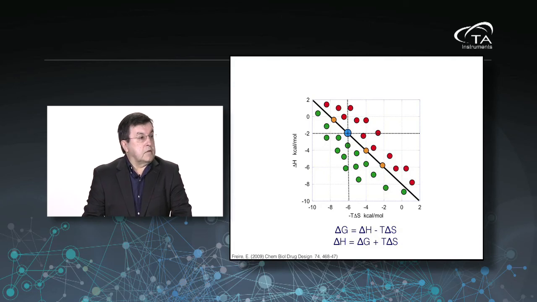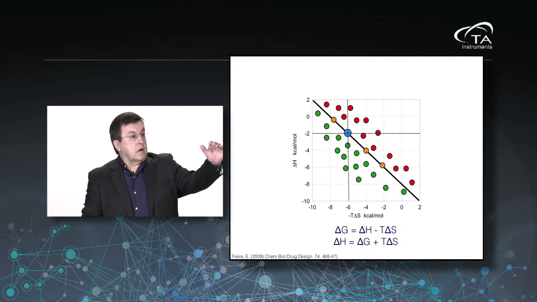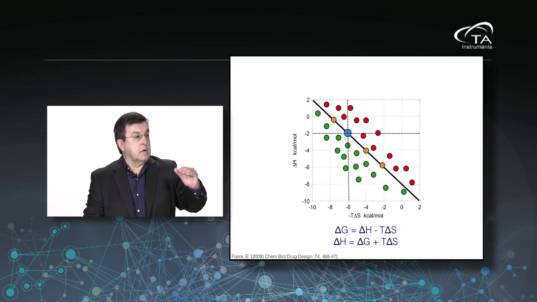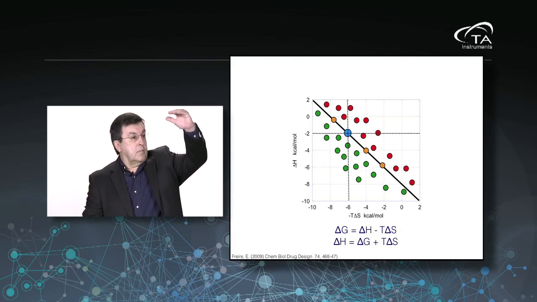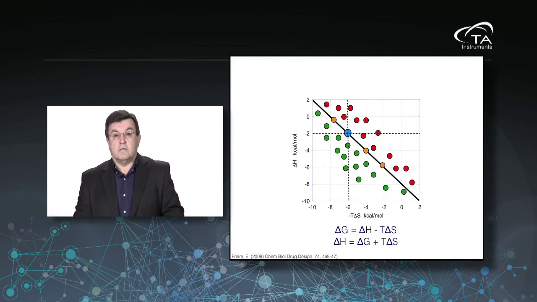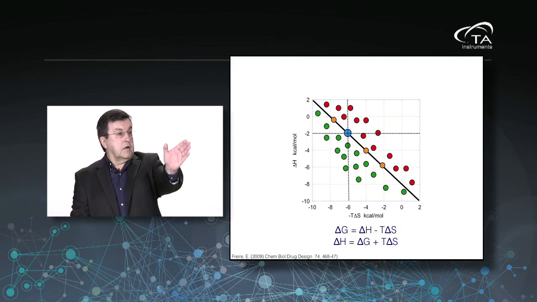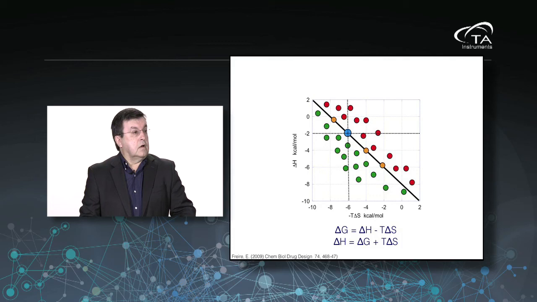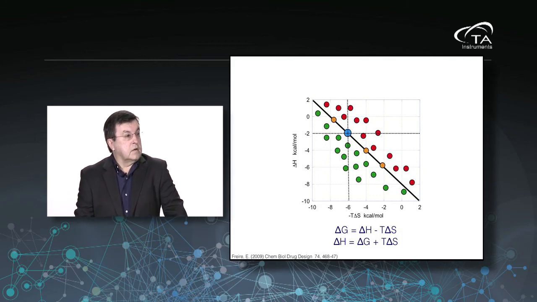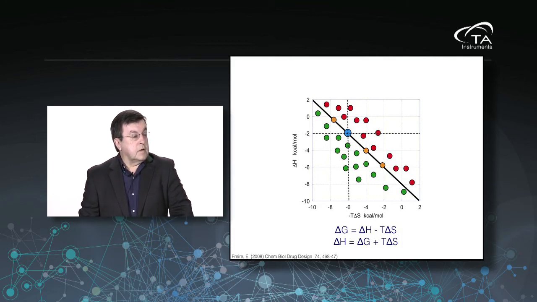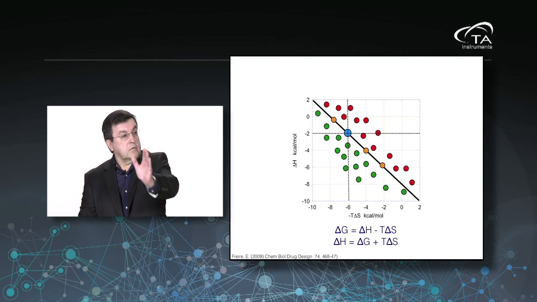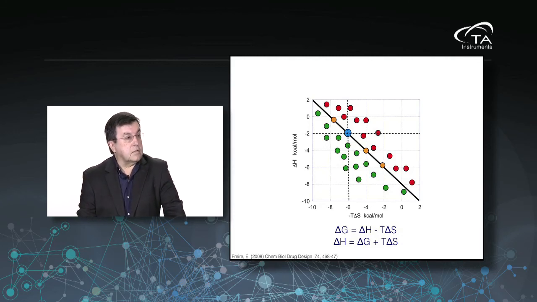And what happens is the following. Every single compound below the horizontal line will have better enthalpy than the parent compound. Every compound above that horizontal line will have lower binding enthalpy. Similarly, every compound to the left of the vertical line will have better entropy, and every compound to the right, worse entropy.